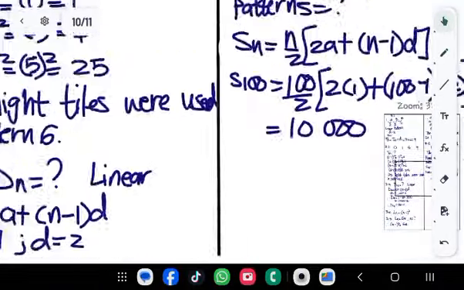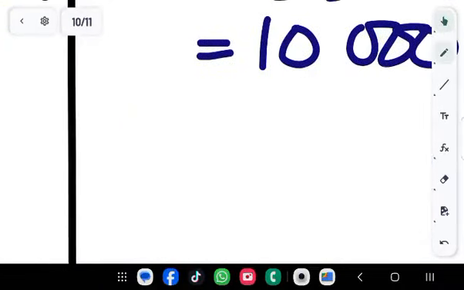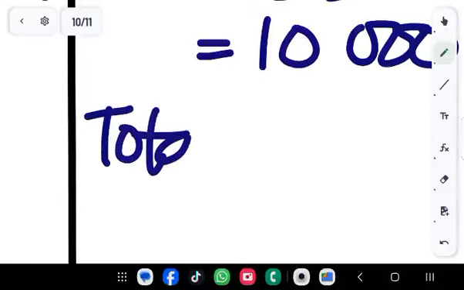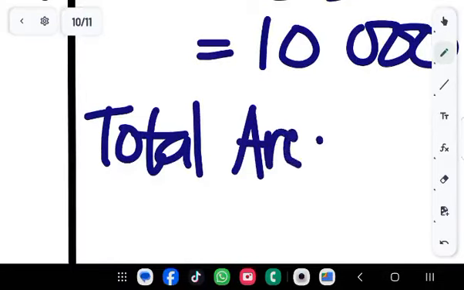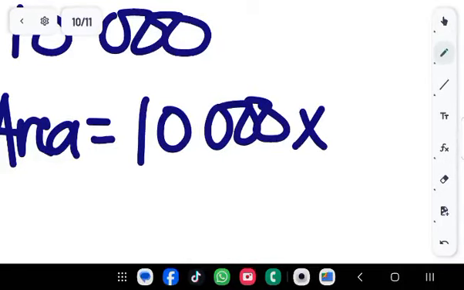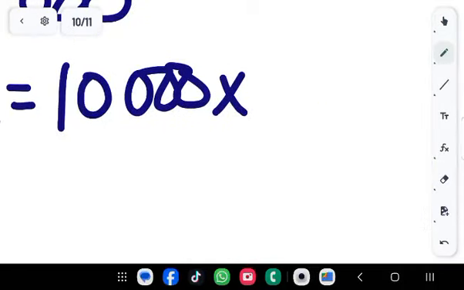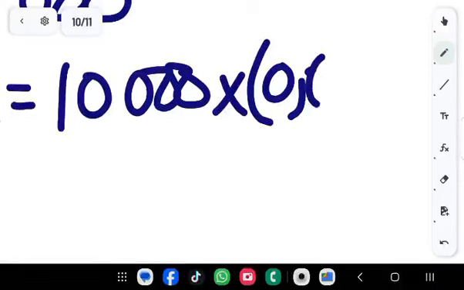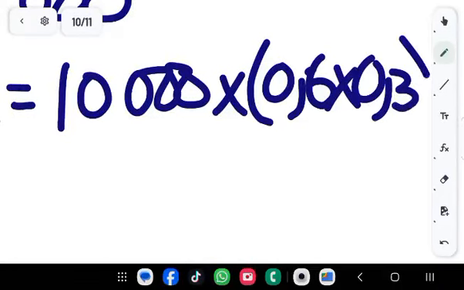So the total area will equal 10,000 tiles multiplied by the area of one tile, which is 0.6 times 0.3.